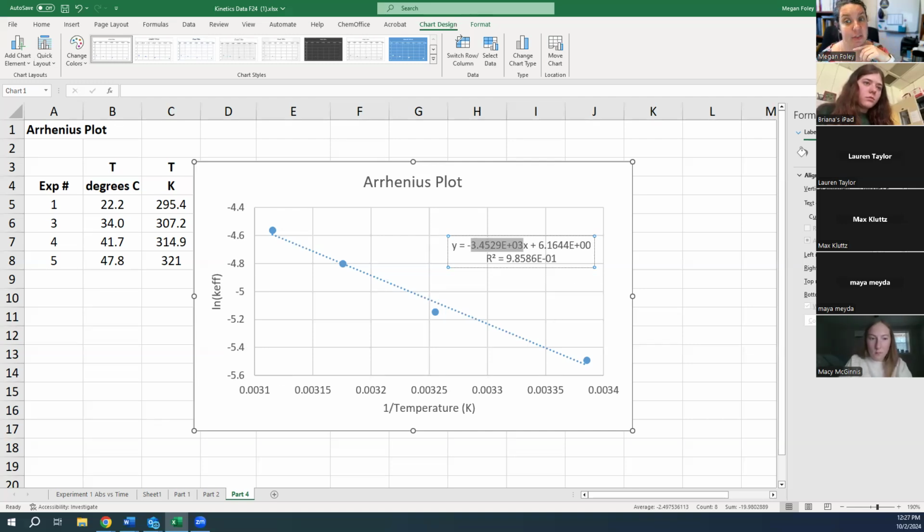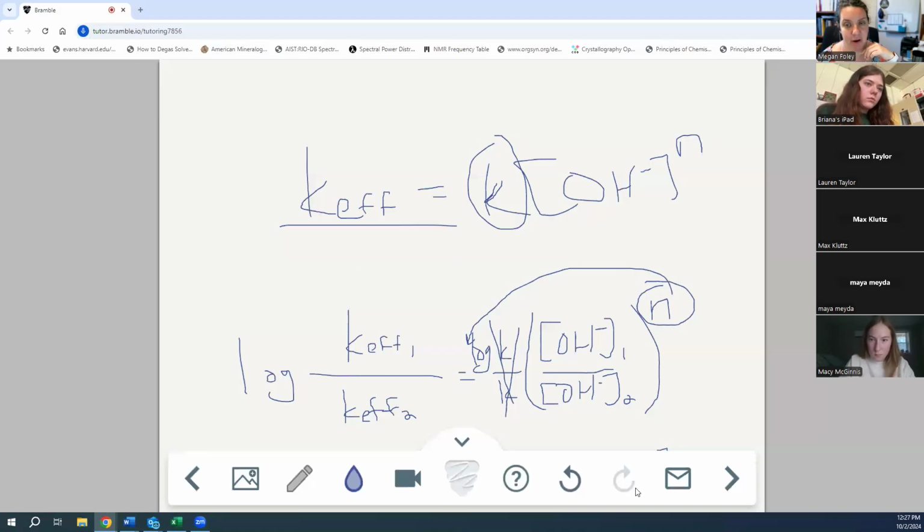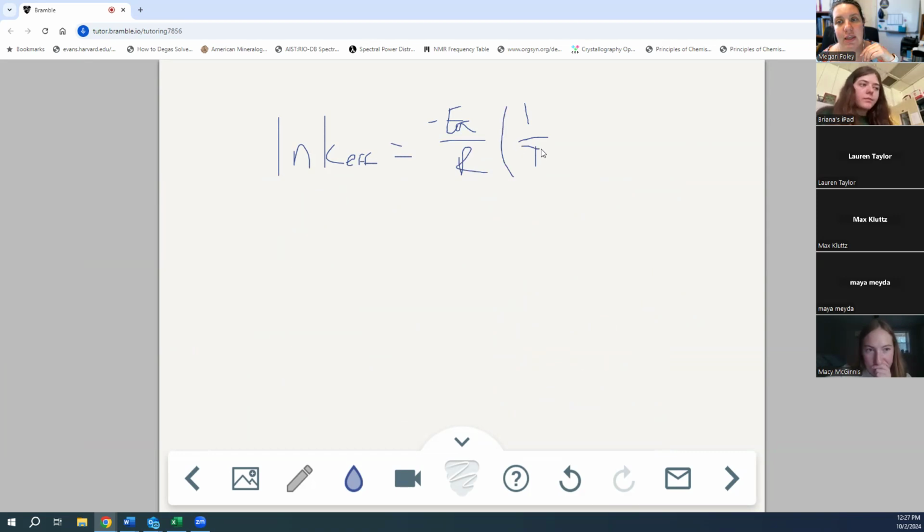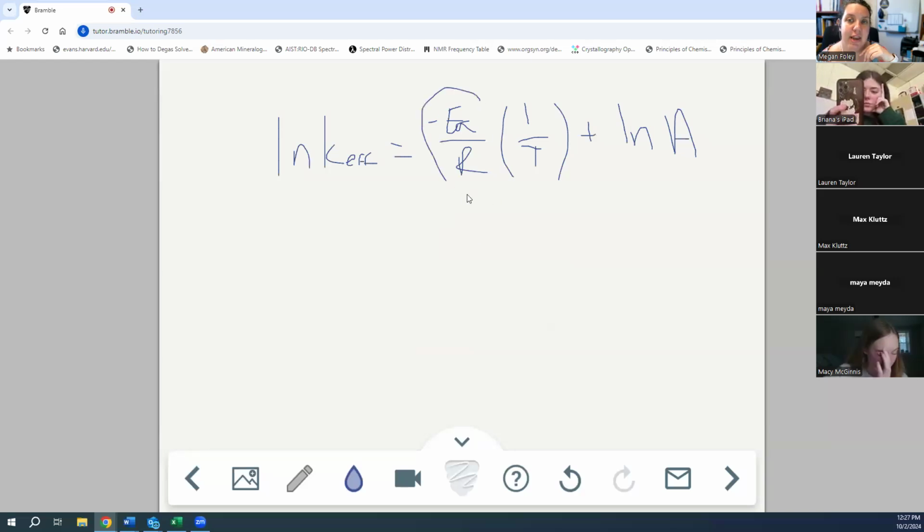This slope, the negative 3.4529 times 10 to the 3. If we remember what our Arrhenius plot is, it's ln k effective. In this particular case, k effective, or just k, is negative Ea over R times 1 over T plus ln A. So this right here is our slope.